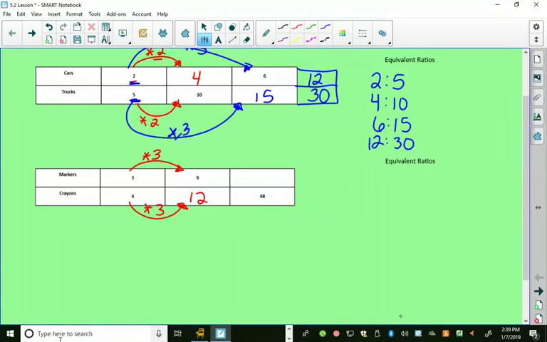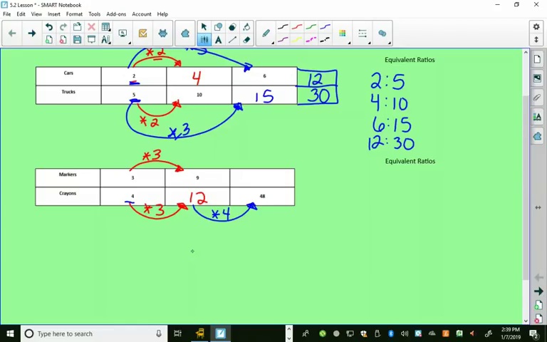Okay? Now, again, like I did in the first one, I could come back to the 4 and go to 48. Or I could ask myself, do I know how to get from 12 to 48? And this time I do know how to get from 12 to 48. So if I wanted to, I actually could just jump from 12 to 48. I know 12 times 4 equals 48.